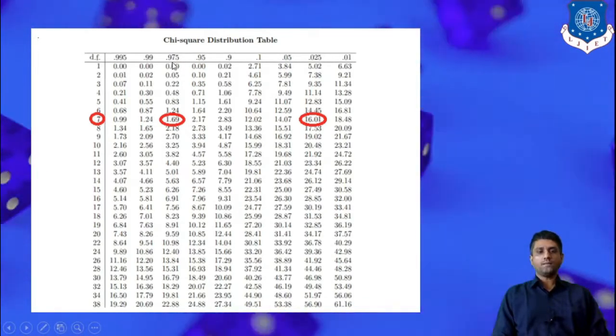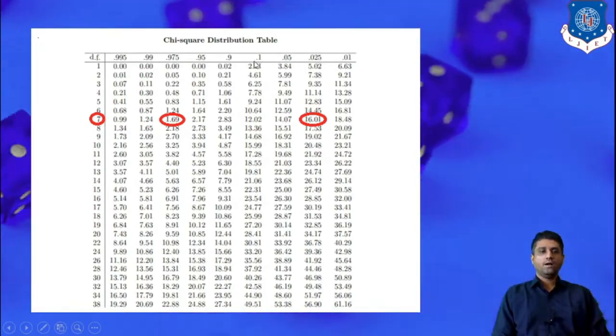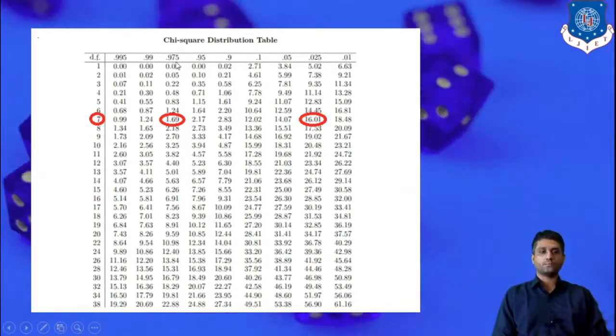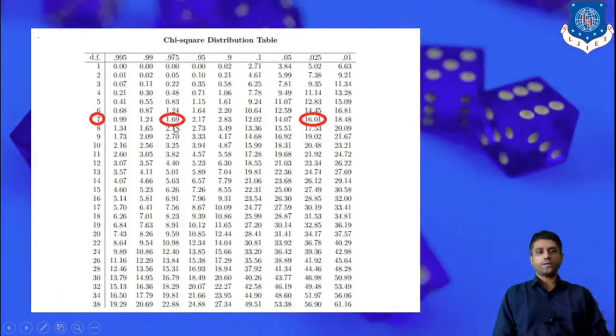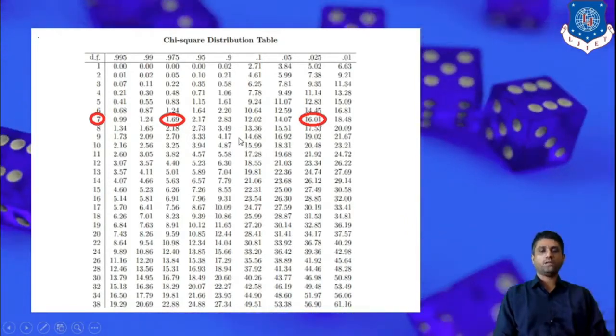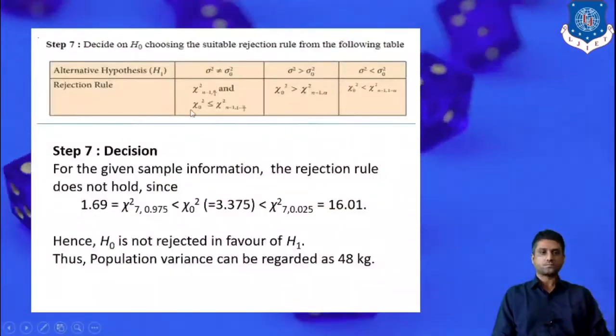That is 1 minus alpha by 2, but alpha by 2 is 0.025, and we subtract it from 1, so it leads to 0.975. So it gives the value 1.69. That's why we take these two values, 1.69 and 16.01, for the comparison with the observed chi-square value.